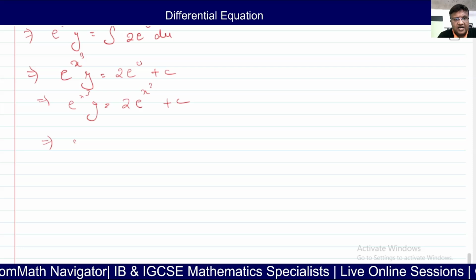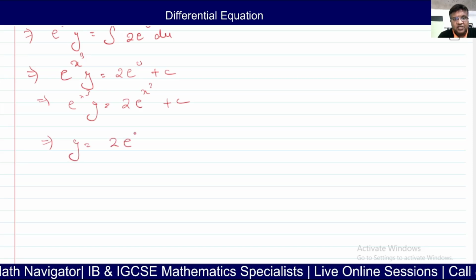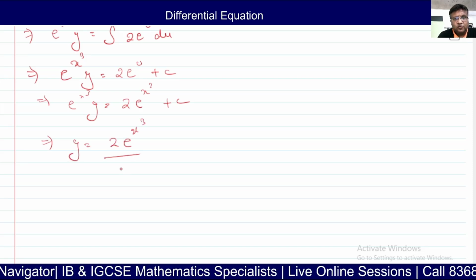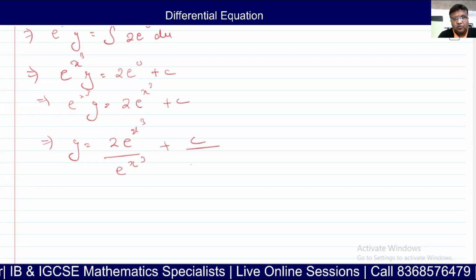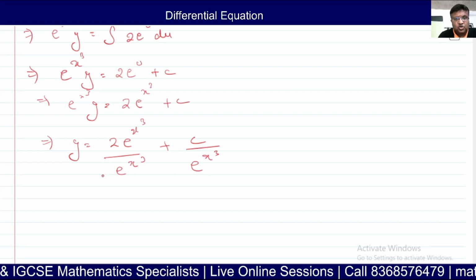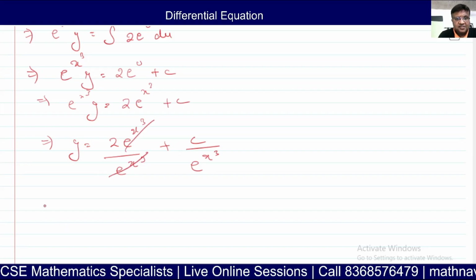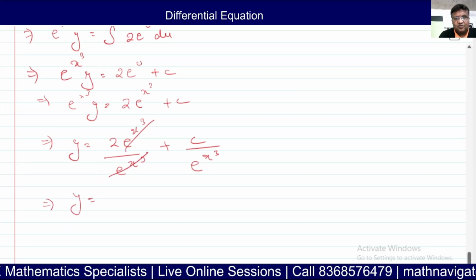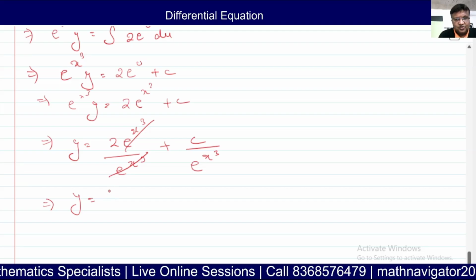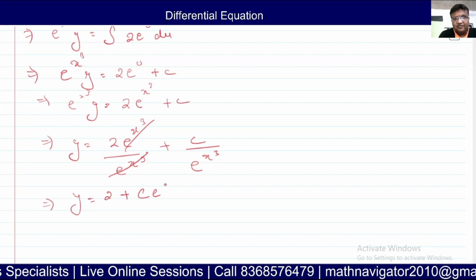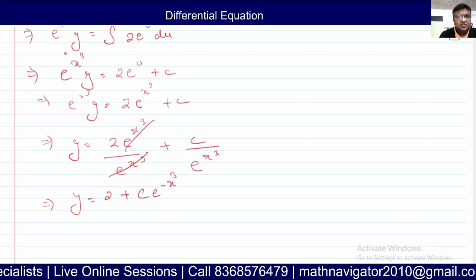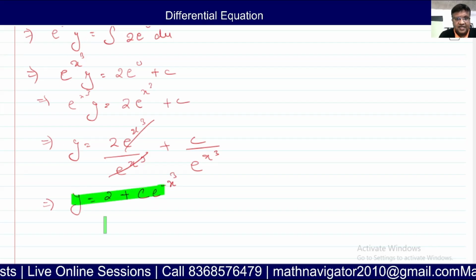That gives y is equal to 2 e raised to the power x cubed over e raised to the power x cubed, plus c over e raised to the power x cubed. The e raised to the power x cubed cancels, so it implies y is equal to 2 plus c e raised to the power of negative x cubed. So this is my final answer.